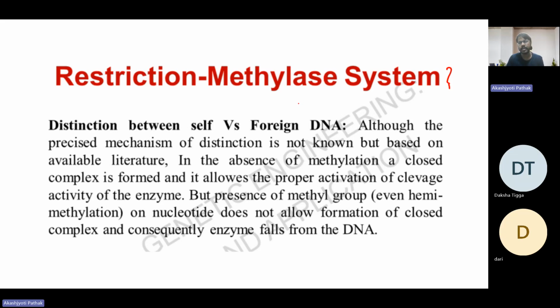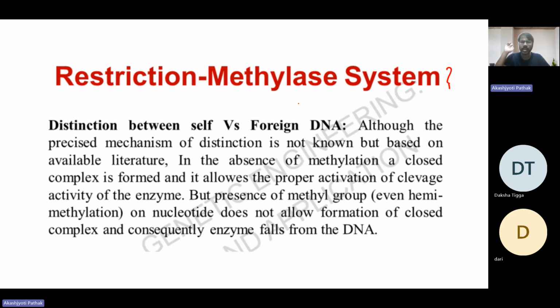Okay, so just now we learned that once this restriction enzyme has recognized its target DNA sequence, it will bind to that and form a closed complex. Once this closed complex is formed between the DNA molecule and the restriction enzyme, it will cause some conformational change in that recognition sequence, and the catalytic activity will be activated. Once the catalytic activity is activated, it will cut the DNA molecule.